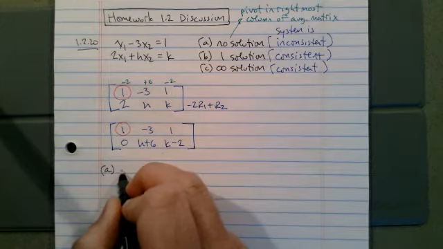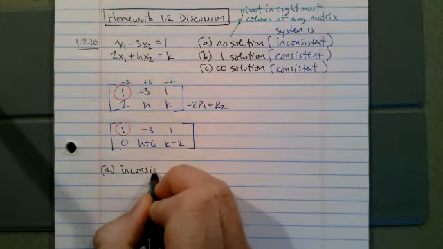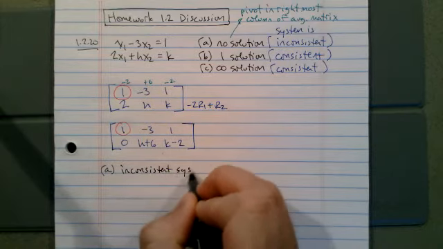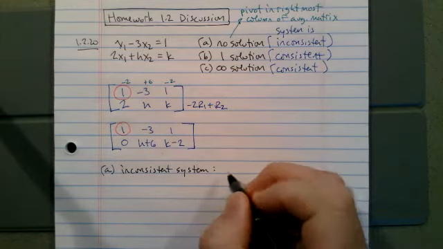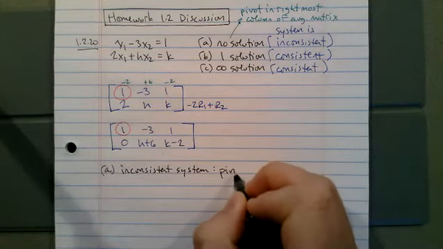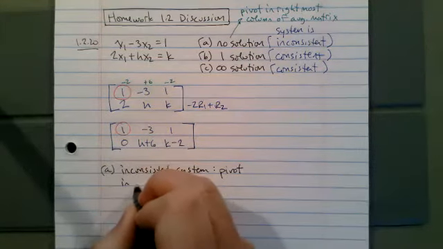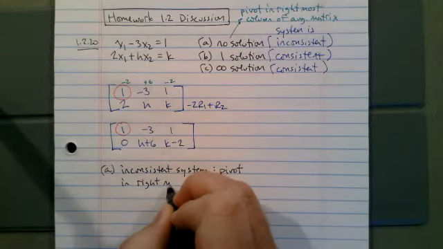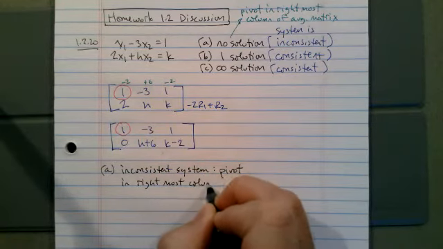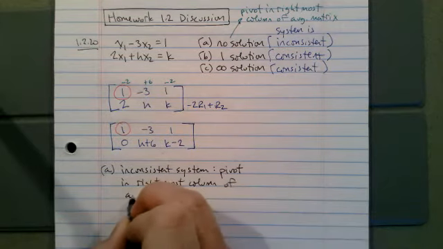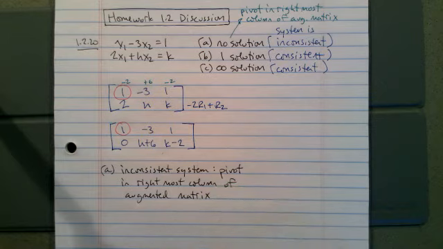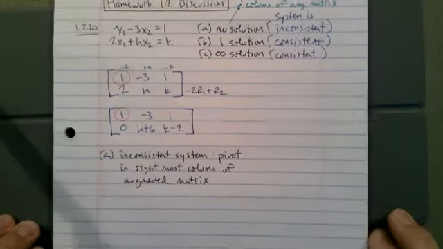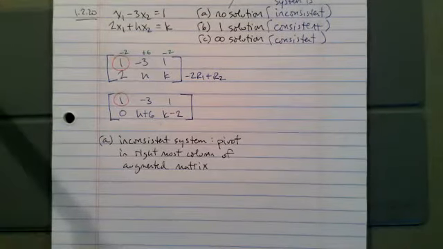An inconsistent system means a pivot in the rightmost column of the augmented matrix.